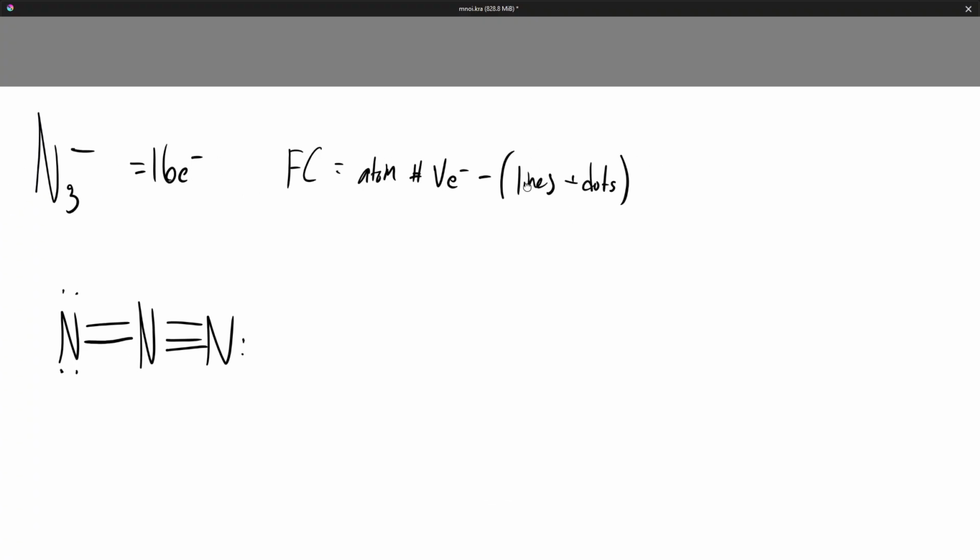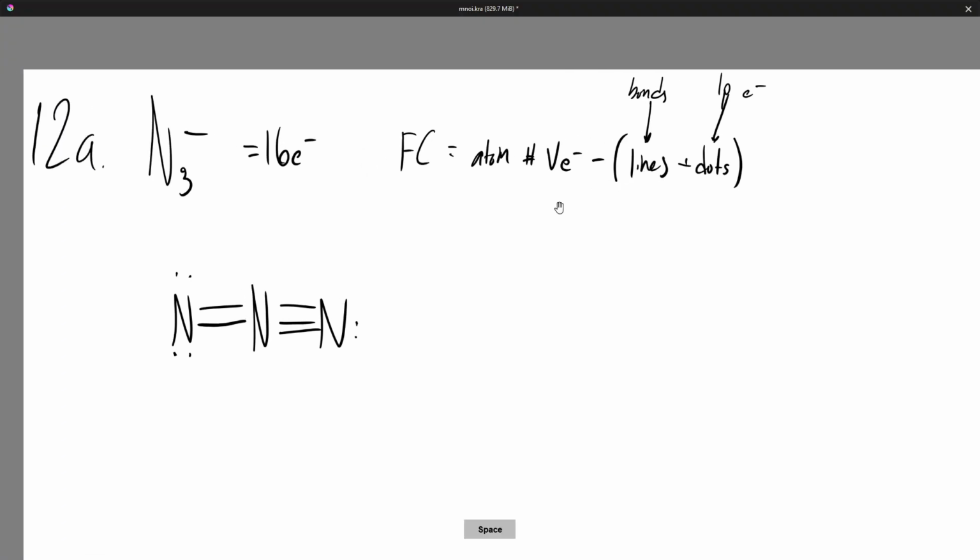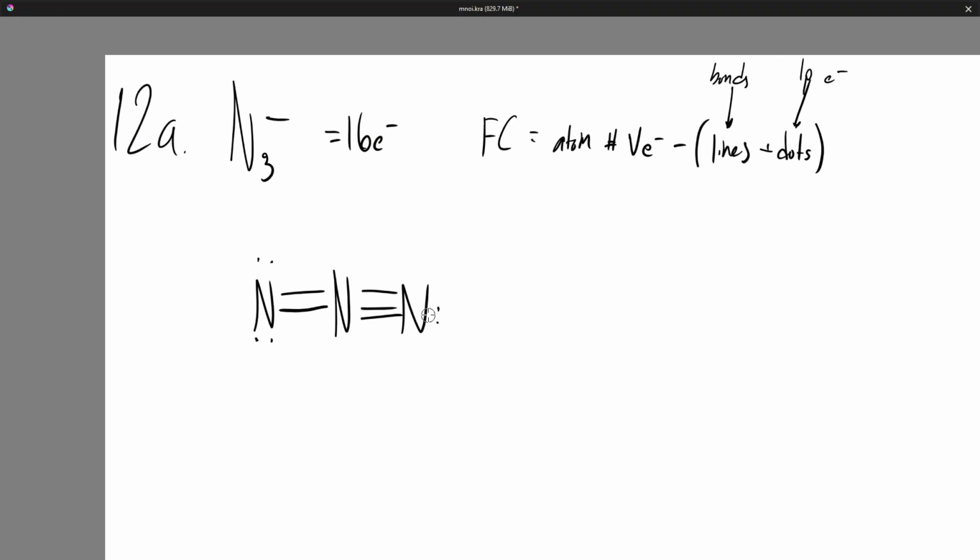That's just a simplification of bonds and lone pair electrons. But I like to simplify it to just lines and dots since it's easier to follow. So for this right N, there's 1, 2, 3, 4, 5. That's a 5.